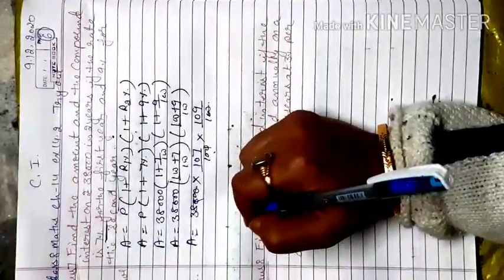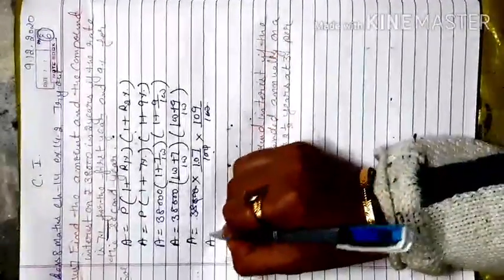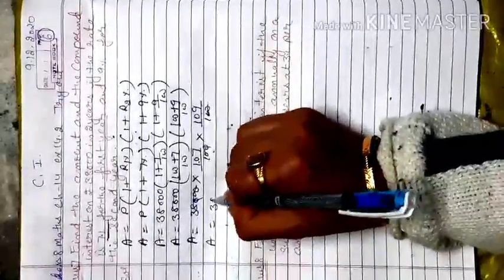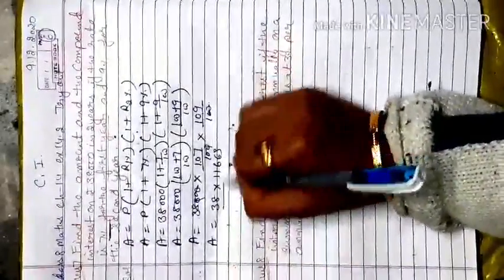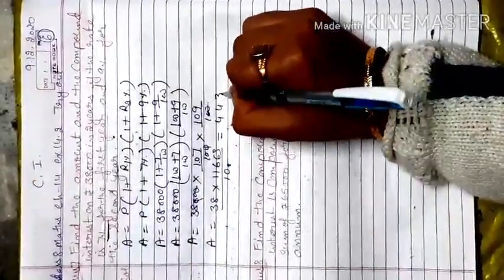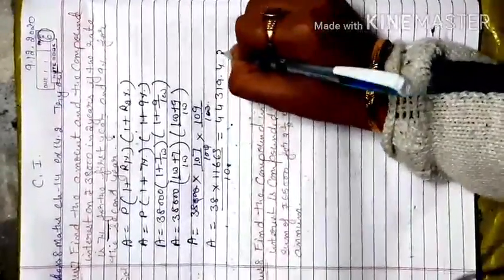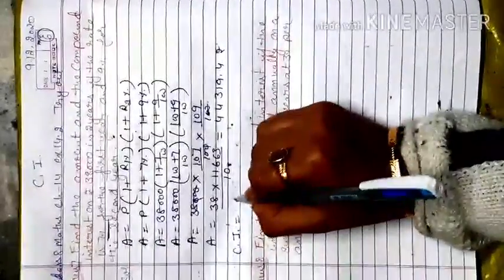But when you multiply this 107 and 109, that gave me 38 multiplied by 11,663 by 10. Then after multiplication, 44,319.4 rupees. This is the amount. Now you have to calculate the compound interest.